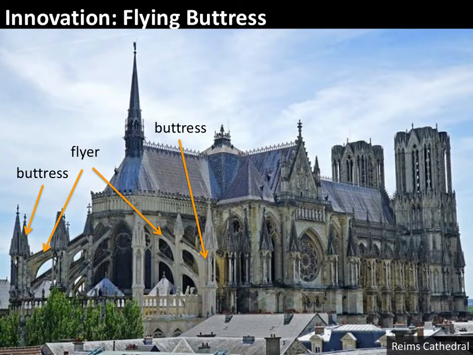You even have a series of flying buttresses down the side of the building. It's harder to see because they're so close together, but each one of these blue lines is another buttress that has its own flyer helping hold up that vault over top of the nave.